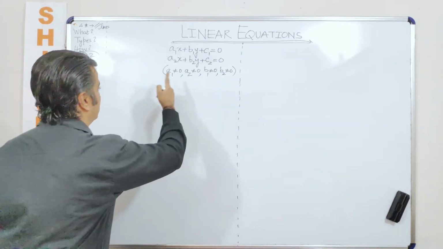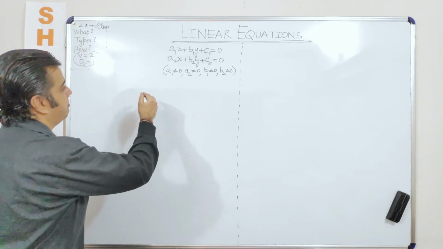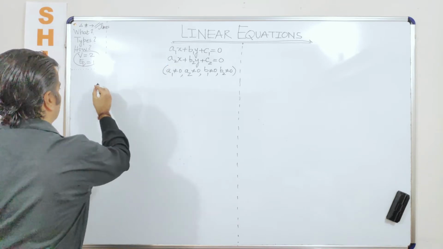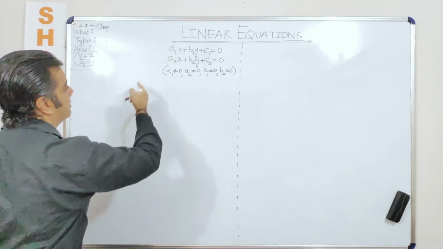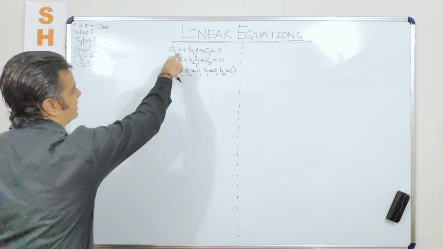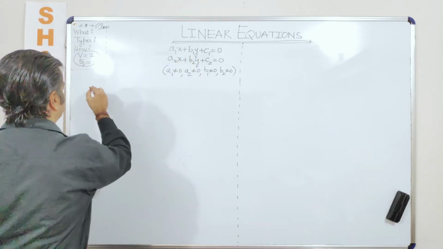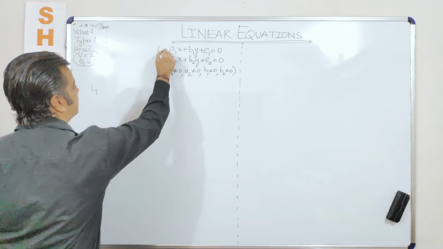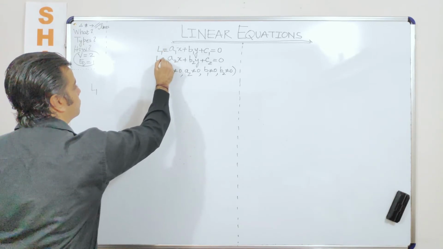Okay, now in that video itself, we had basically talked about how to find out the slope. So when I find out the slope here, what will I do? I'll just take the coefficients of x and y. So for example, this is line 1, this is line 2.